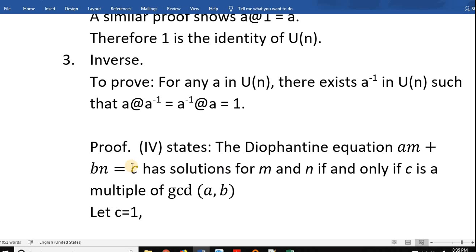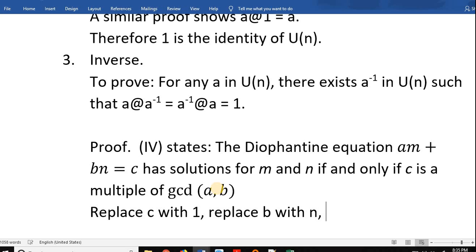A is equal to a, but here we're looking at the multiple of GCD of a and b. So let's say it this way to be clear. We'll replace c with 1, and we'll replace b with n, and then let's replace m and n with x and y. If we do this, then our application will be clearer.